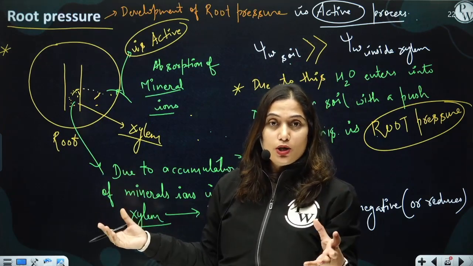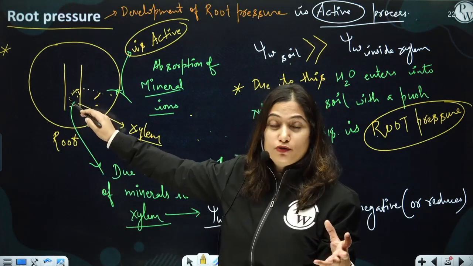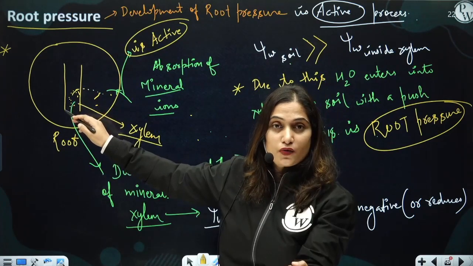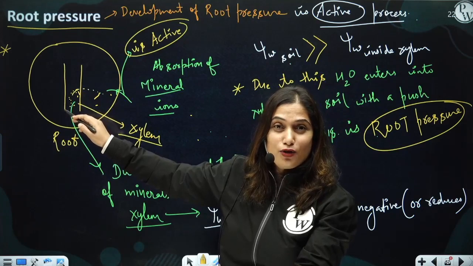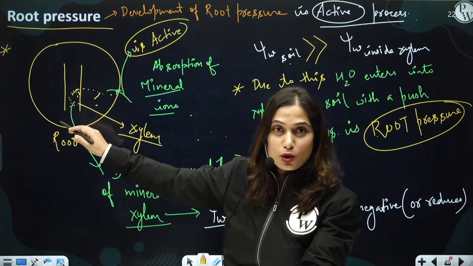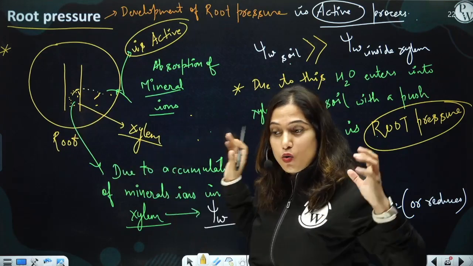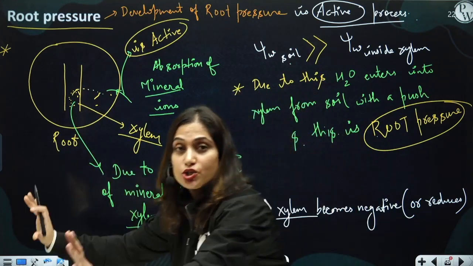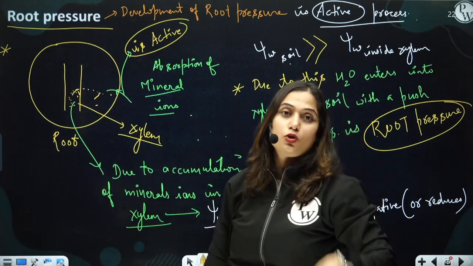Because of the accumulation of mineral ions in the xylem of the root, the water potential of the xylem gets highly reduced, and the water from the soil goes into the xylem with a pressure, and that pressure is root pressure.